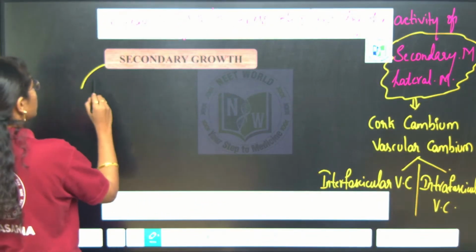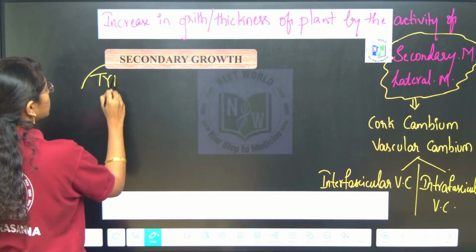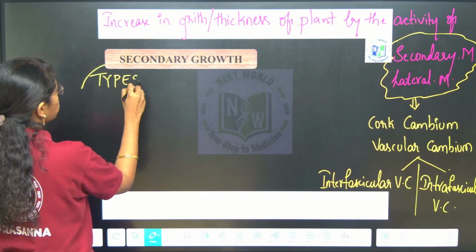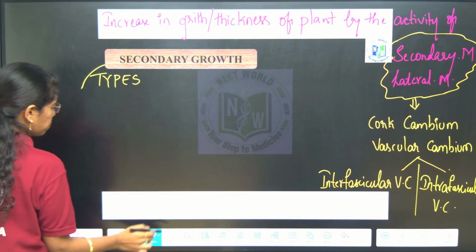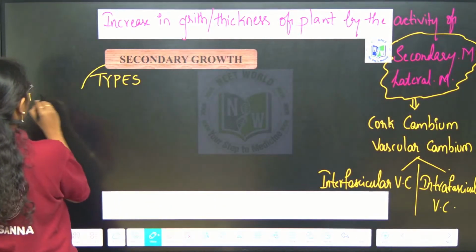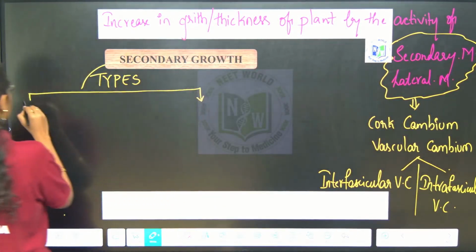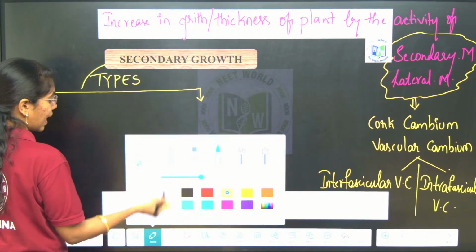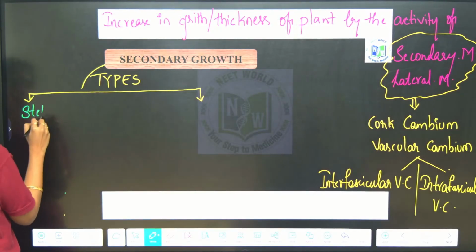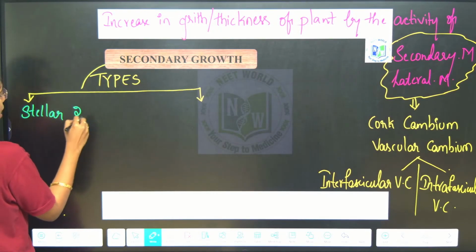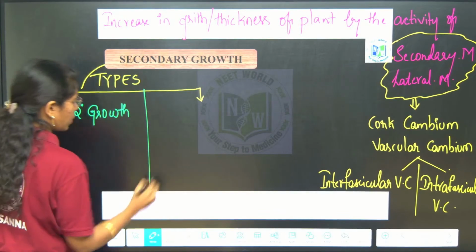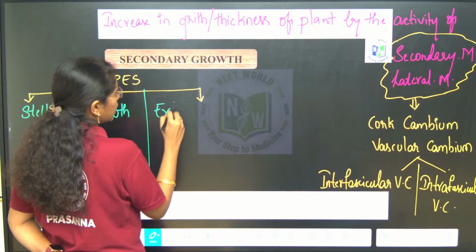Now look into the types of secondary growth. Types of secondary growth include stellar secondary growth and extrastellar secondary growth.